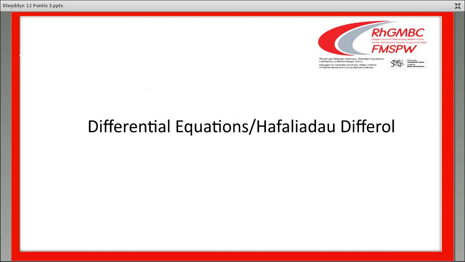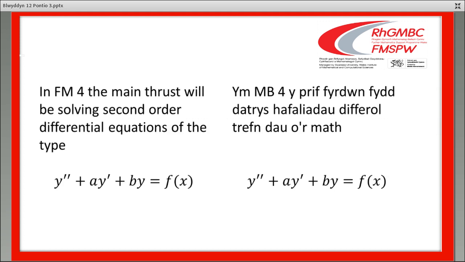Now, the big thing in this part is that it's now moving into what they call a second order differential equation. And in terms of that, it takes that sort of format. The y double dash basically means d2y dx squared, plus a dy dx, plus by, equals some function of x. Now that function of x will effectively tell me how my solution is going to look when it is finished.